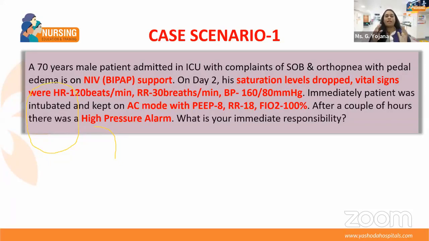Vital signs were recorded as heart rate 120 beats per minute, respiratory rate 30 per minute, blood pressure 160 by 80 mm of Hg. Immediately the patient was intubated by the doctors and kept on assisted control mode with PEEP 8, respiratory rate 80, FiO2 100. After a couple of hours after intubation, you see a high pressure alarm on the monitor.